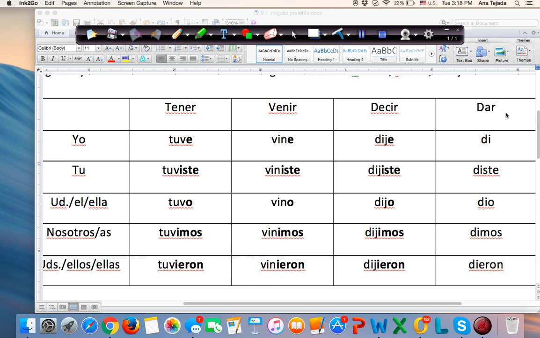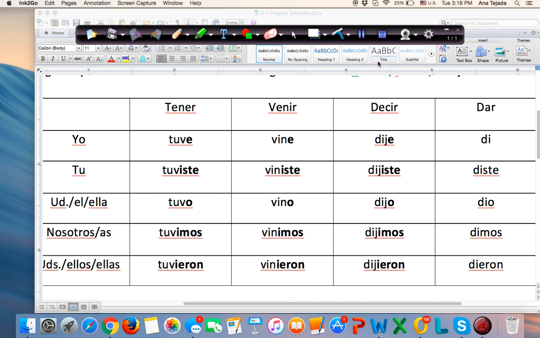So the verb dar follows the rule of the same endings, but they are not accented. So they are really important for this matter, so they are still considered irregular verbs just because of this pattern.